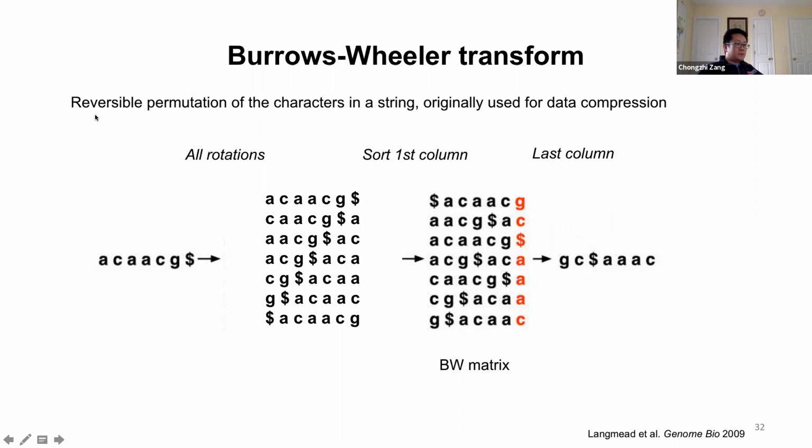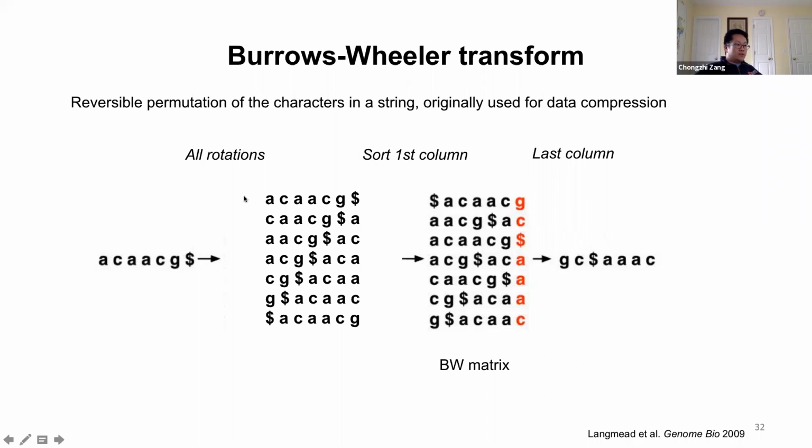It is a reversible permutation of the characters. I will use an example to show what the Burrows-Wheeler transform is. Say we have a string of characters, in our case nucleotide sequence ACAACG. After this, we add a $ sign to mark the end of the string, like a coda.